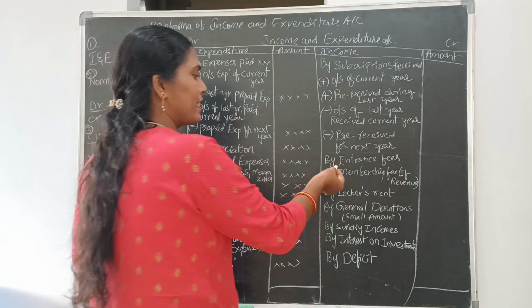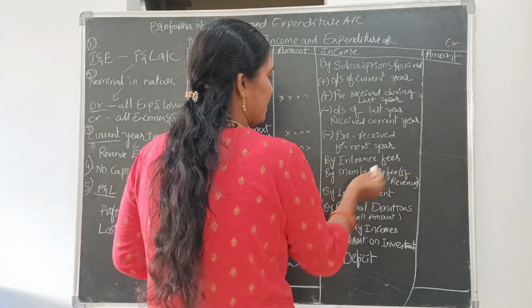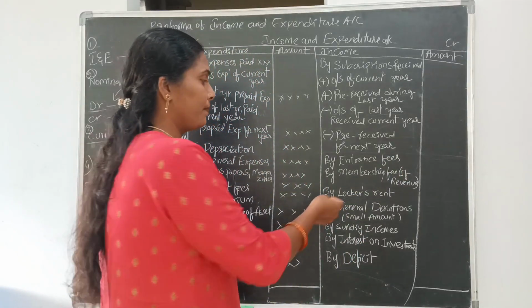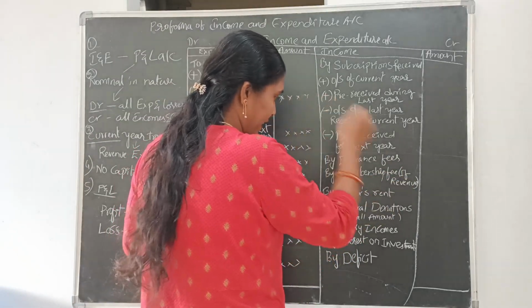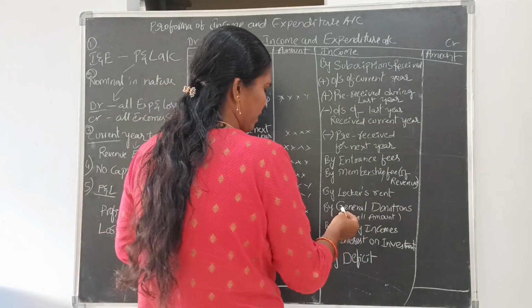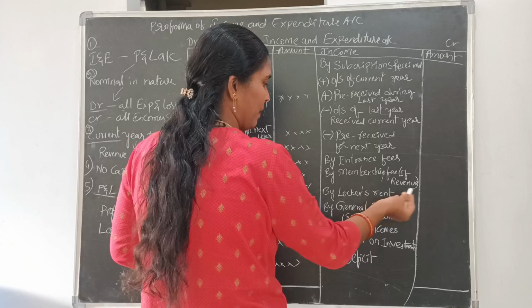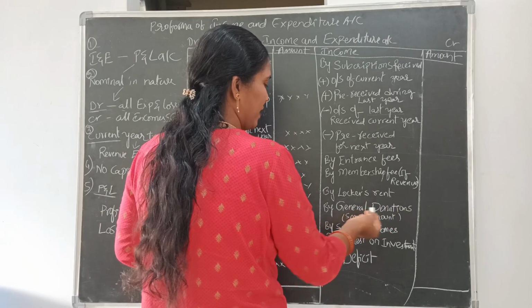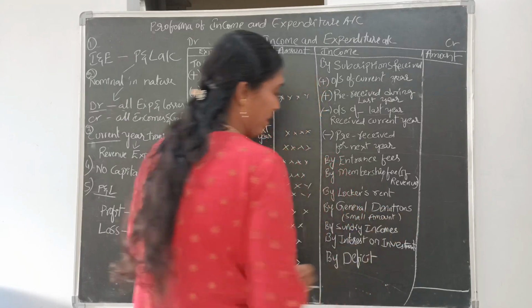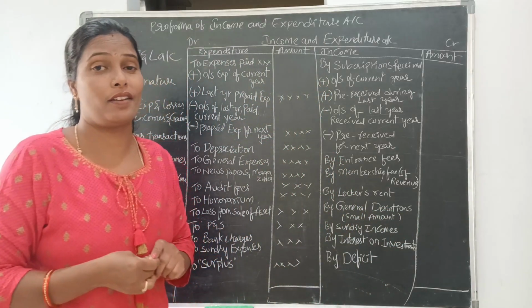Coming to the next transactions: entrance fees, which is a receipt, and membership fees. If it is a small amount, it is revenue. Locker rent: the locker facility we provide, so rent we are receiving. General donations: coming to donations, this is very important. Donations are of two types.